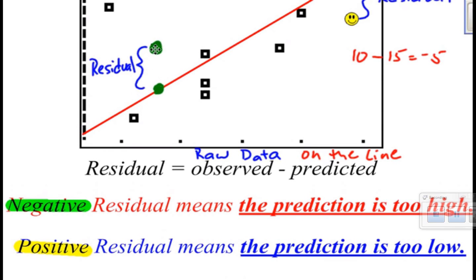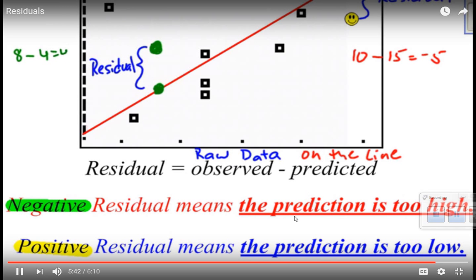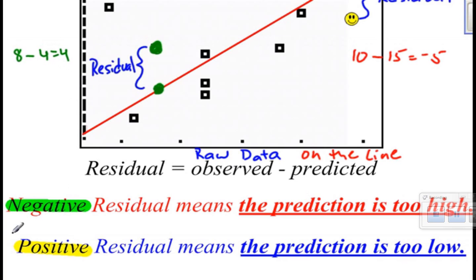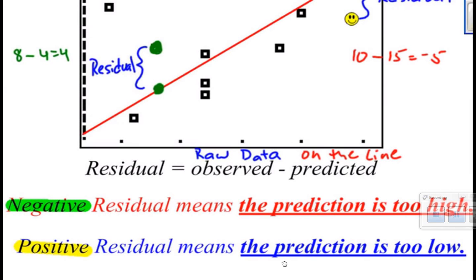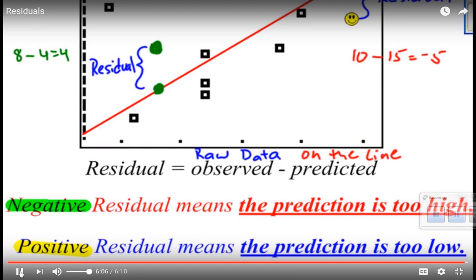If the y value right here is 8, and this one down here is 4, 8 minus 4 is positive 4, so I have a positive residual, which means that my prediction, remember the prediction is on the line, the prediction right here was too low. I have a positive residual, so the predicted value was lower than the actual observed value. And that's really, right now, all you need to know about residuals.